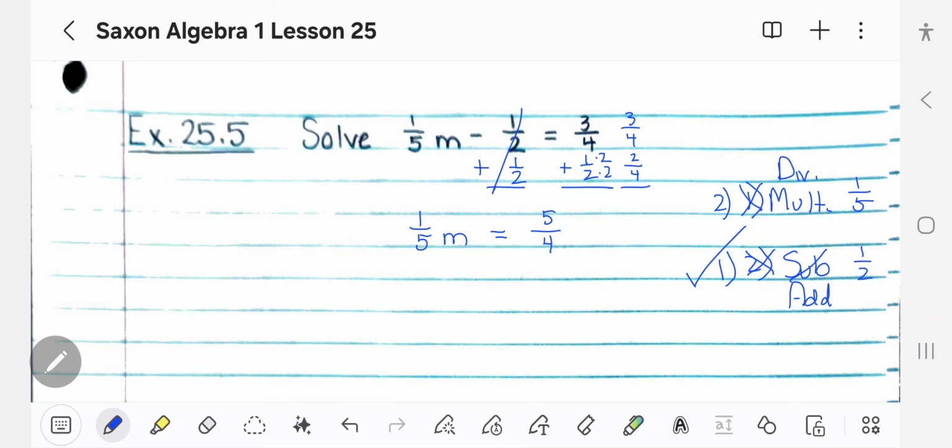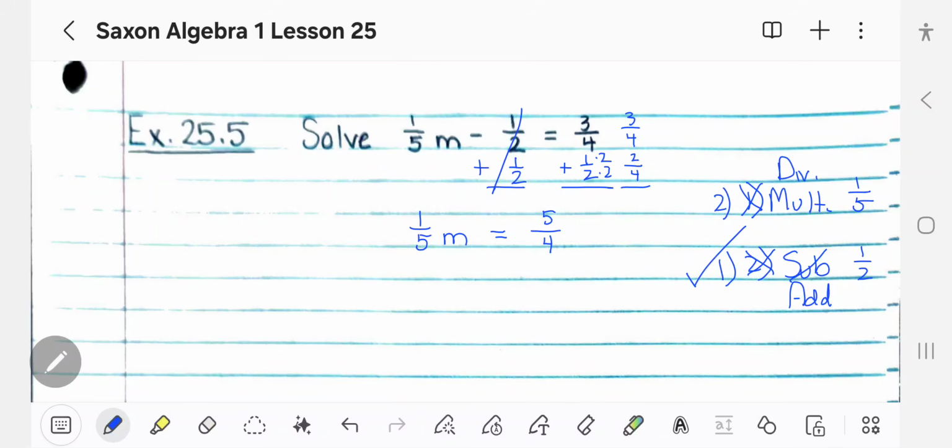Now we're going to divide by 1/5. It would be totally fine to write it like this: divide by 1/5, divide by 1/5, and then you have this problem, which is 5/4 divided by 1/5. At that point, you would keep change flip: 5/4 times 5/1. But I want to show you a little bit easier way to do it.